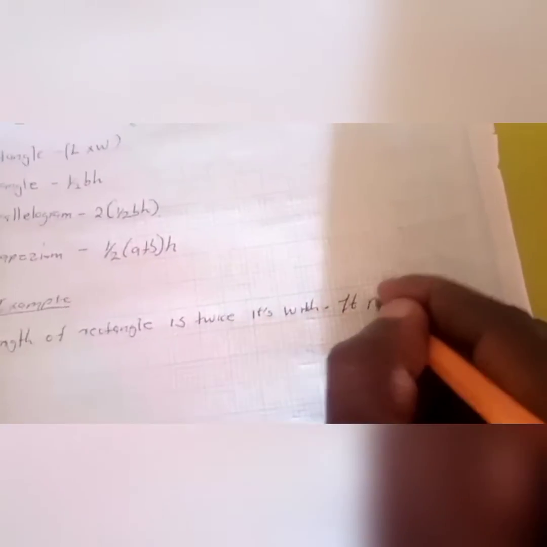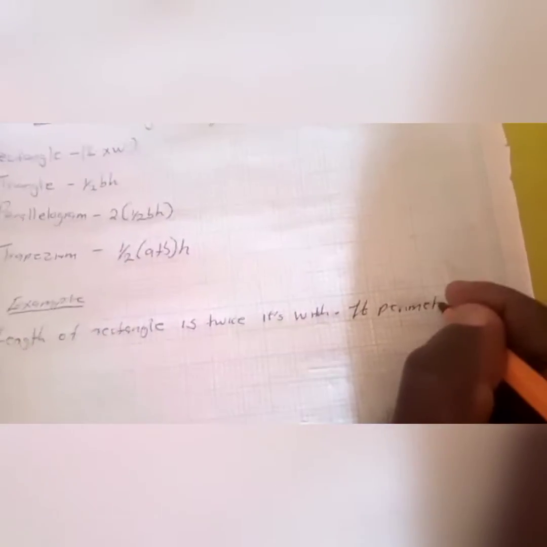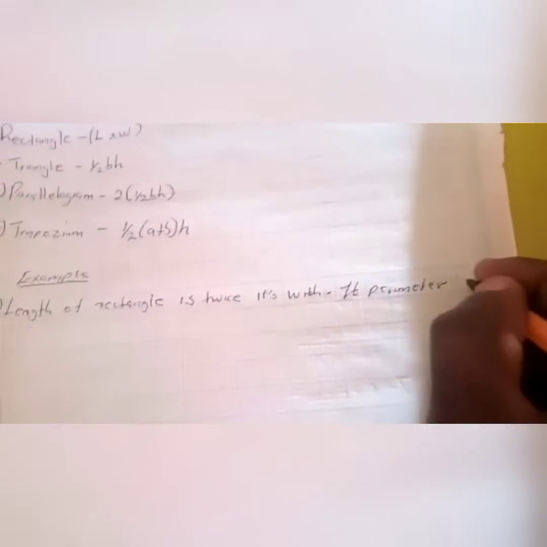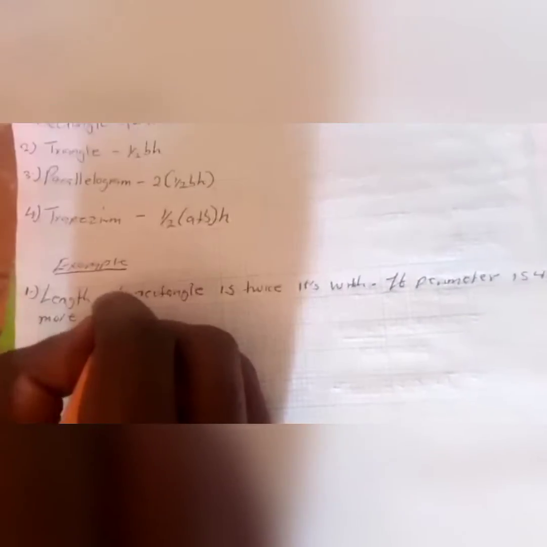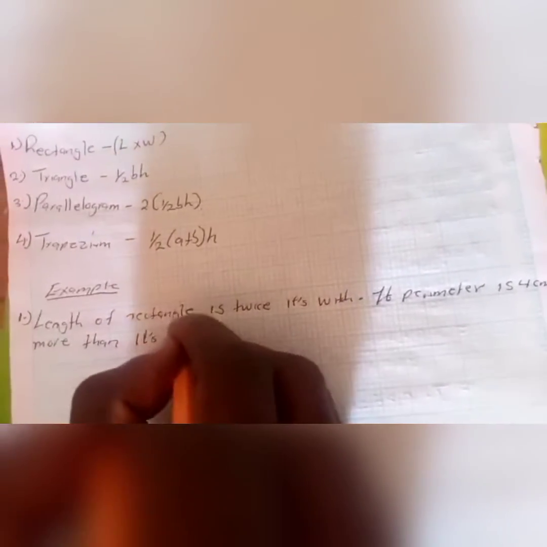Then we are told its perimeter is 4 centimeter more than its length, okay? More than its length.